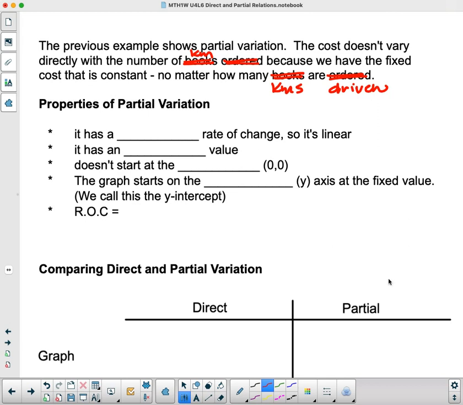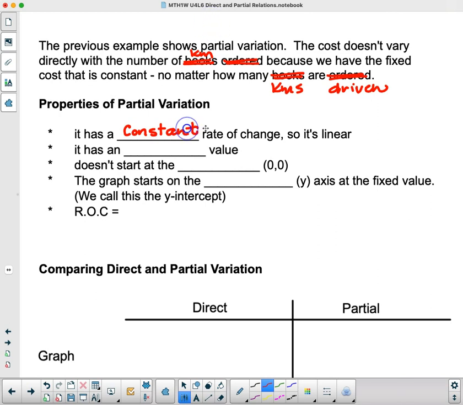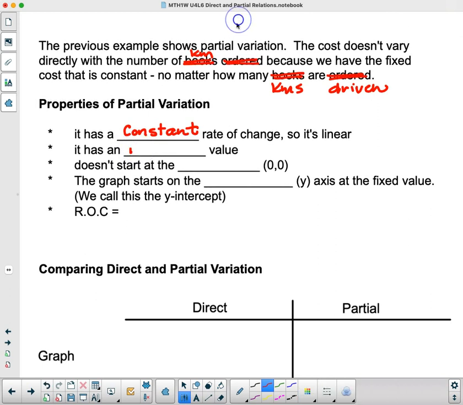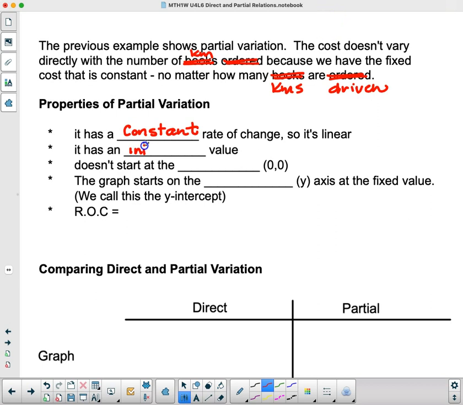Okay, so the properties of partial variation. It has a constant rate of change. So it is a straight line, which means it's linear. It has an initial value.